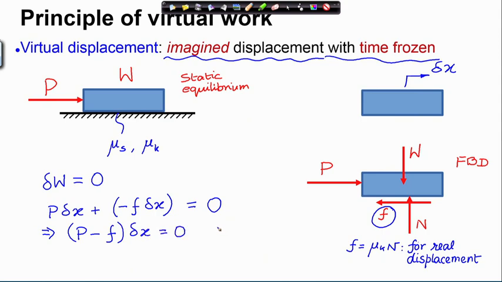This should hold for all arbitrary virtual displacements delta x. Then it immediately implies that P minus F must be equal to 0, which means that P must be equal to F.